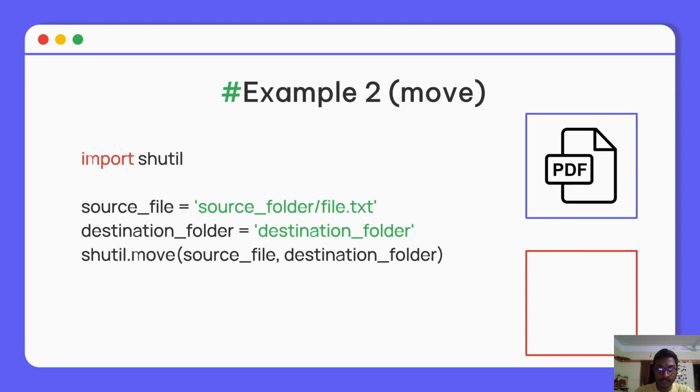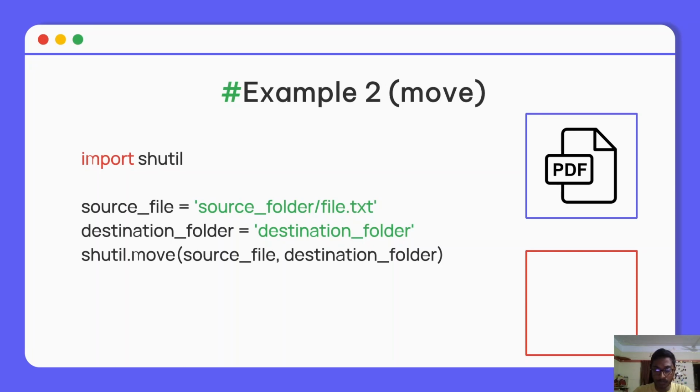Similarly, we have example 2. In this example, we'll be taking a look at moving the contents of the file. Similarly, we import the shutil module. Then we mention the source file and the destination folder path.